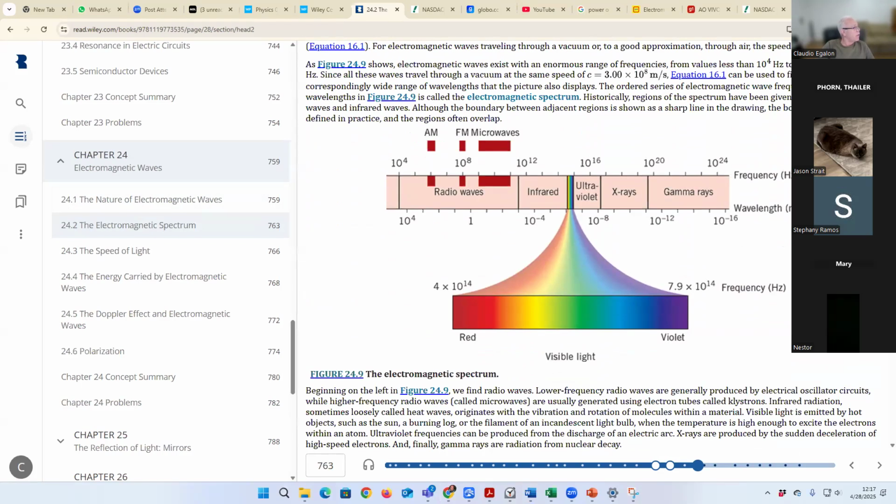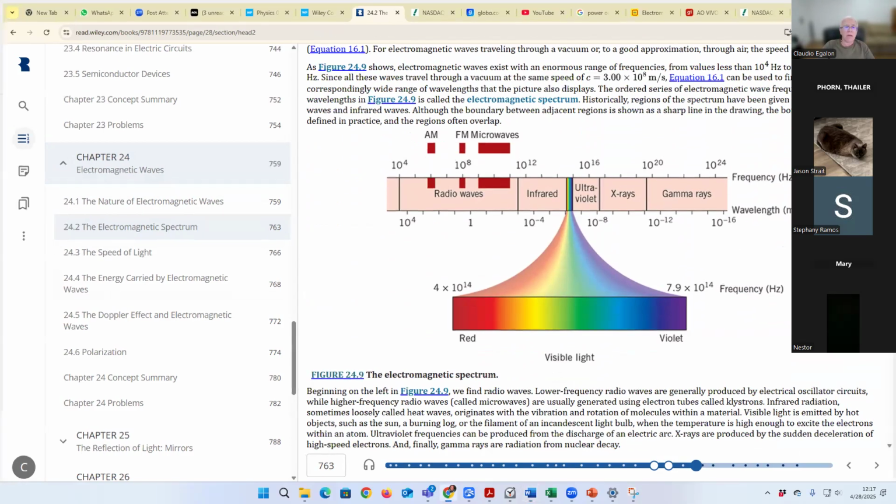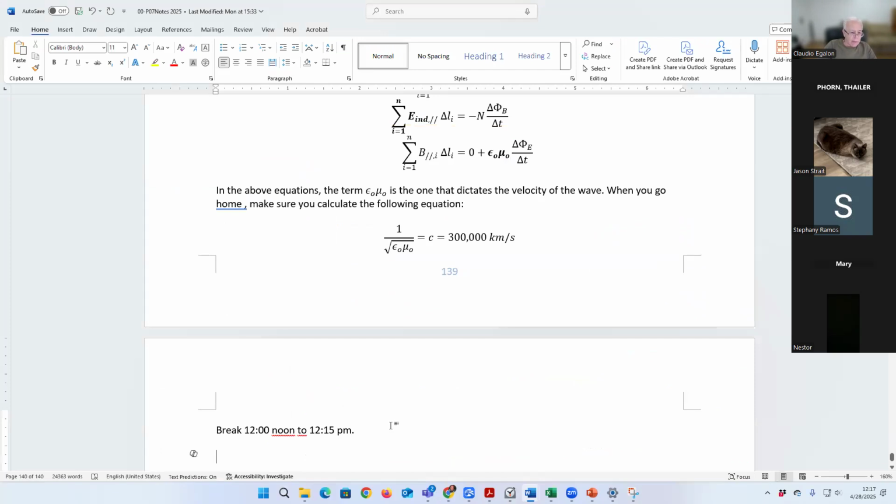Oh, by the way, before we go into that, the question is, how can we come up with what type of circuit? I didn't elaborate on the circuit. What type of circuit can we use to generate these electromagnetic waves?